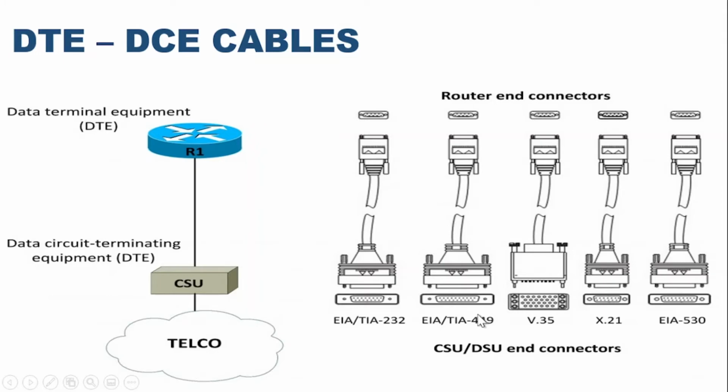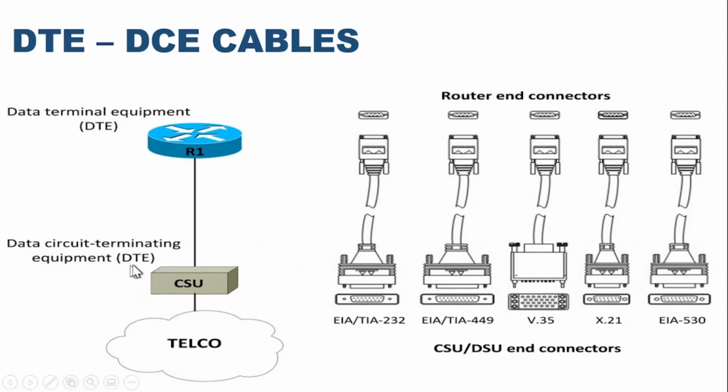This DTE end has a wider part, the male part of the cable, and the router end has the female part of the cable. Okay, so these are the different types of DTE and DCE cable.